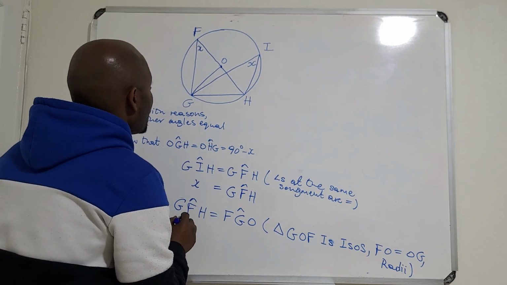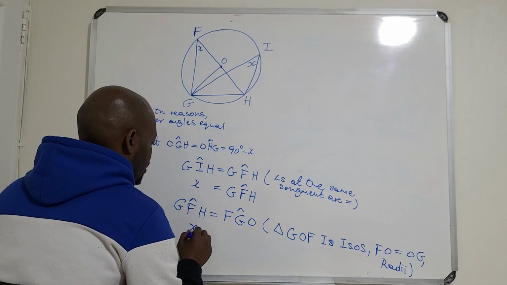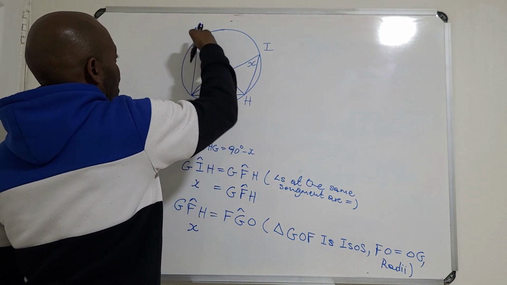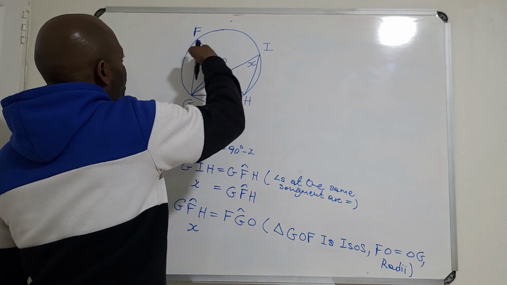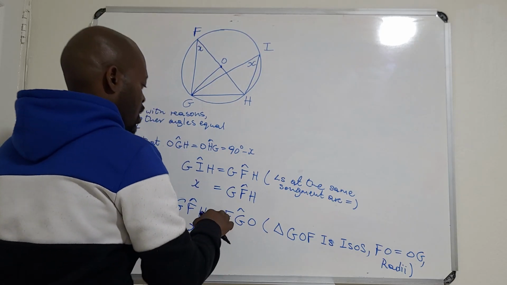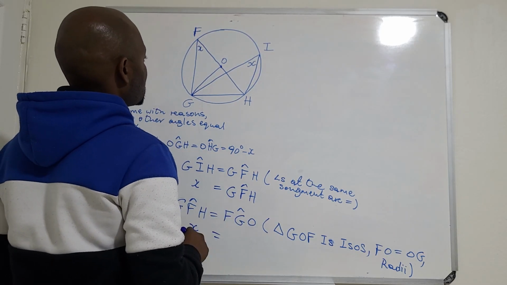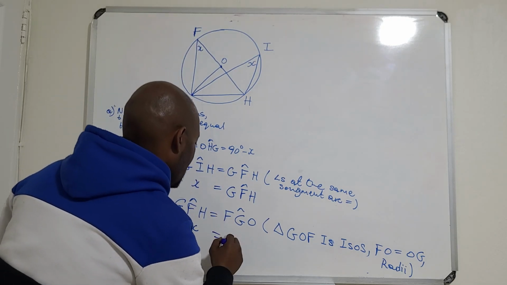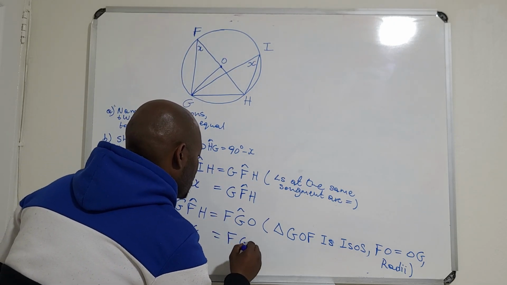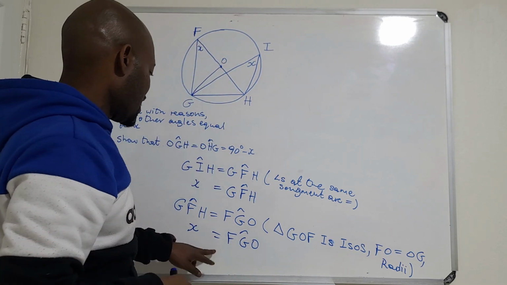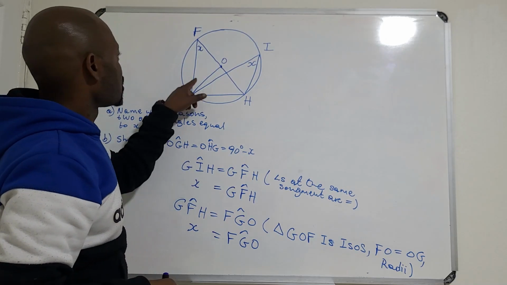Now, angle GFH, we know it is x. Angle FGO, that's what we were looking for, is another angle which is equal to x.